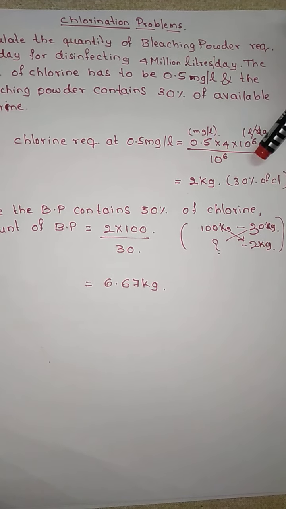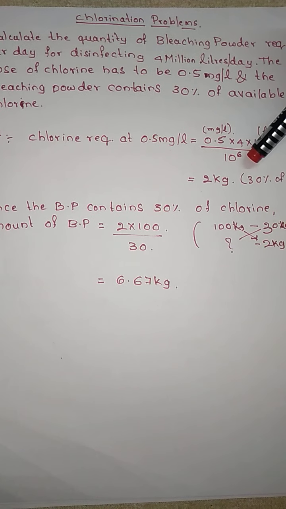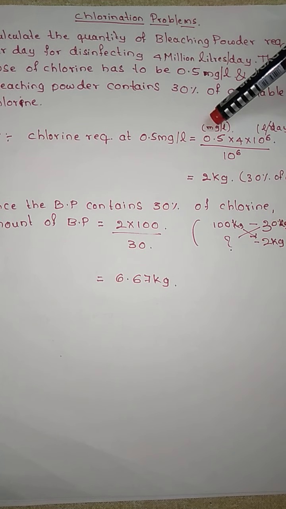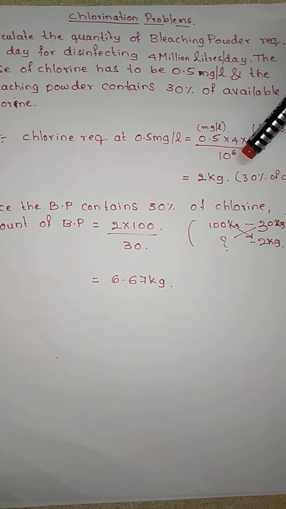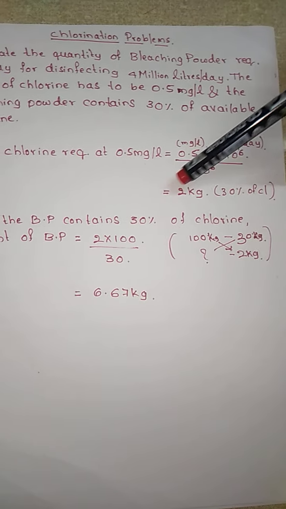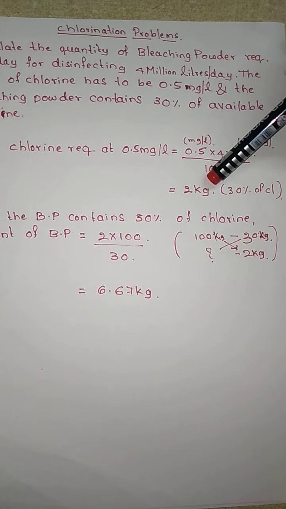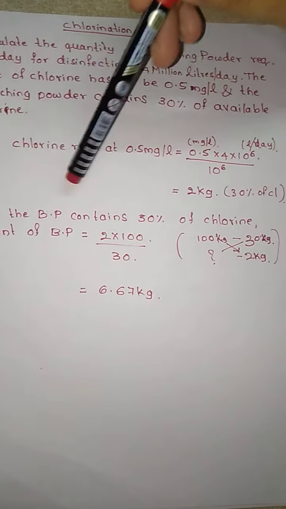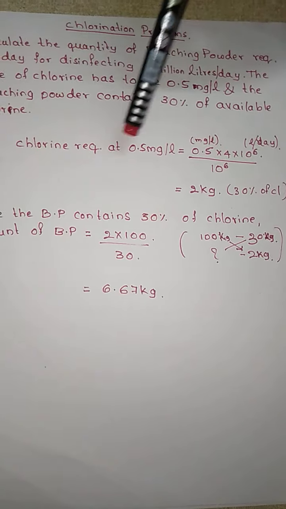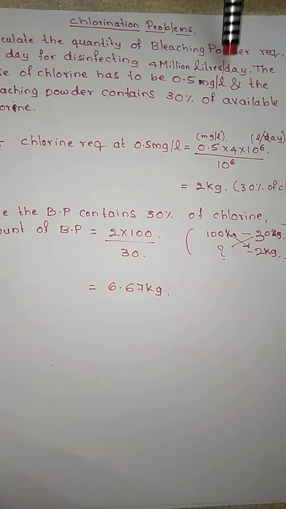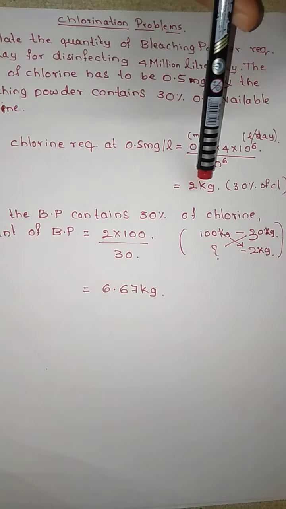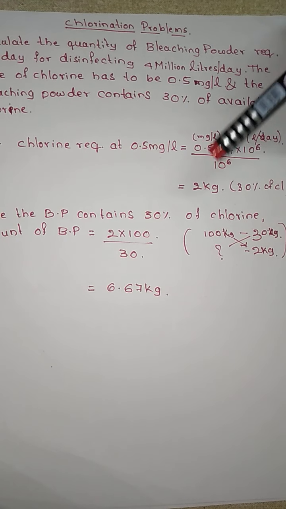To convert milligram to kg, we divide by 10 to the power 6. So how much are we getting here? The answer is 2 kg. Now what have we determined? The chlorine required at 0.5 mg per liter to treat 4 million liters of water per day. This is the chlorine content.